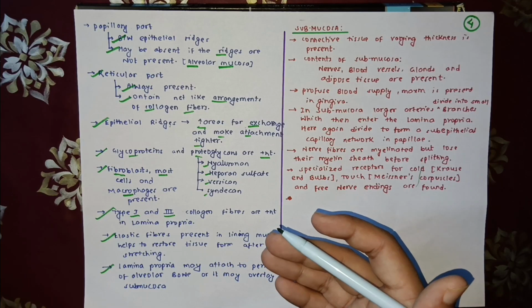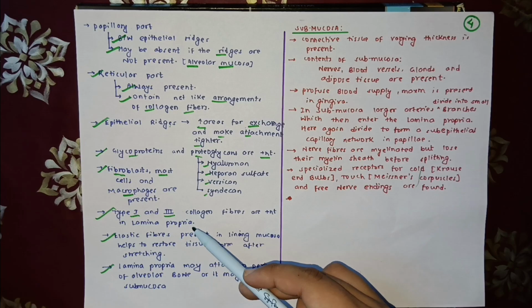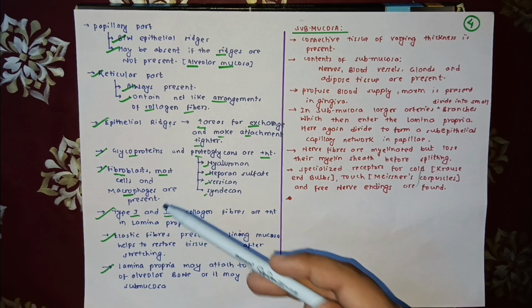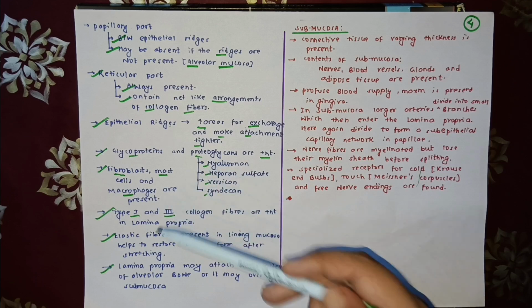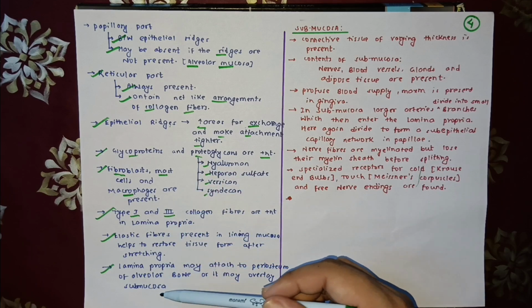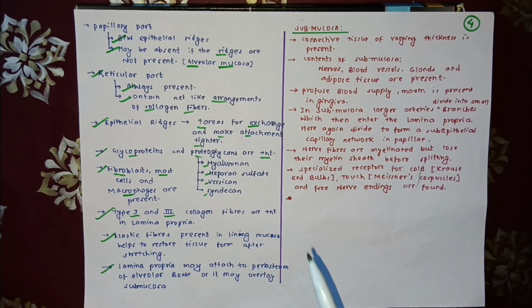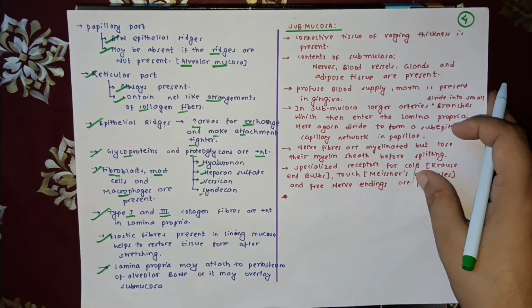Glycoproteins and proteoglycans are the major constituents. Also type 1 and type 3 collagen are present. In the cells we have fibroblasts and inflammatory cells like macrophages and mast cells. Elastic fibers are present, and sometimes it can be attached to the periosteum, but mostly it is attached to the submucosa in the below side.